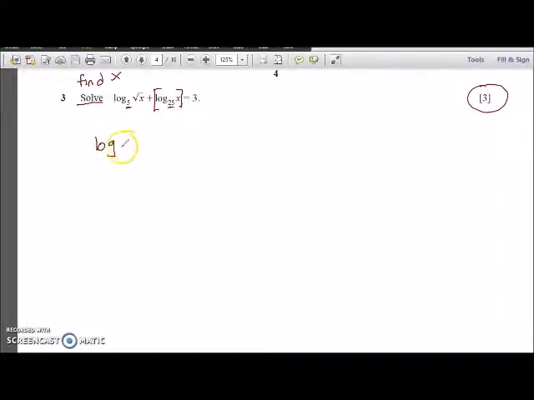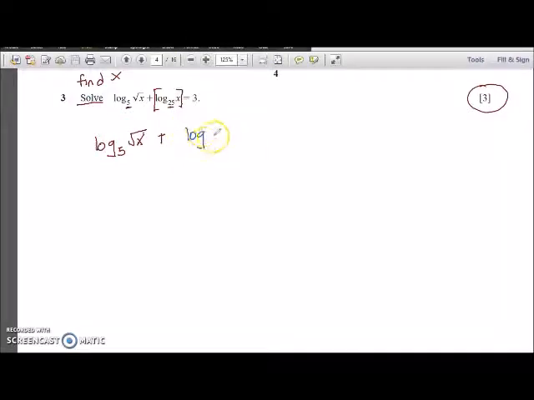So we have the log 5 square root of x plus, and then we have to change the base.